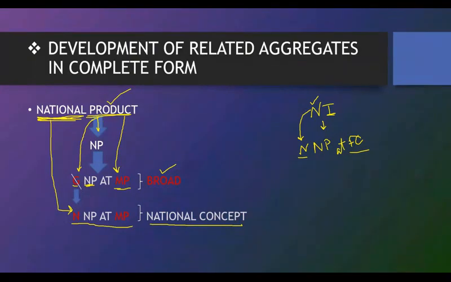First understand that because of the production concept, prefix and suffix will be in the broader term. But if the prefix is national, you need to check it as national only, and then national will be in the net form. That is why I have written NNP at MP.